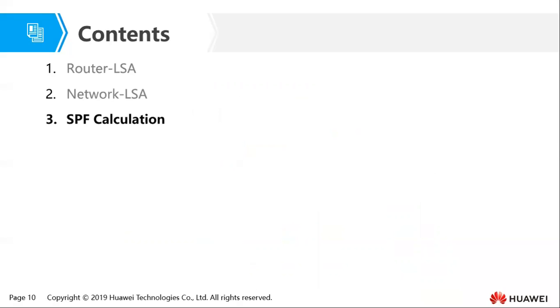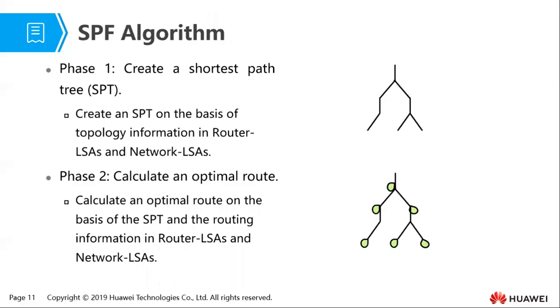Now, let's look at the shortest path first calculation. It uses the data from the router LSA and the network LSA. So we want to understand how, and it's important that we understand it. So type 1 and type 2 LSAs carry both topology information and routing information.